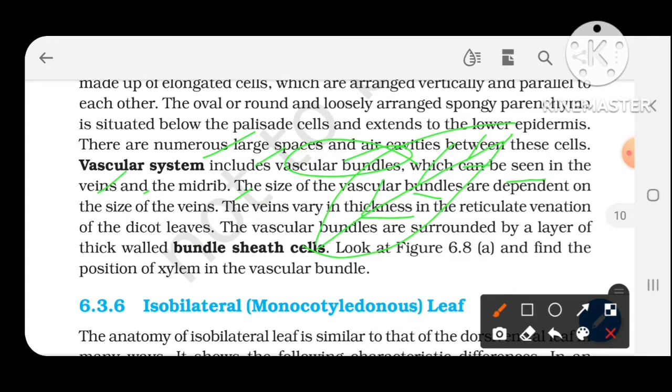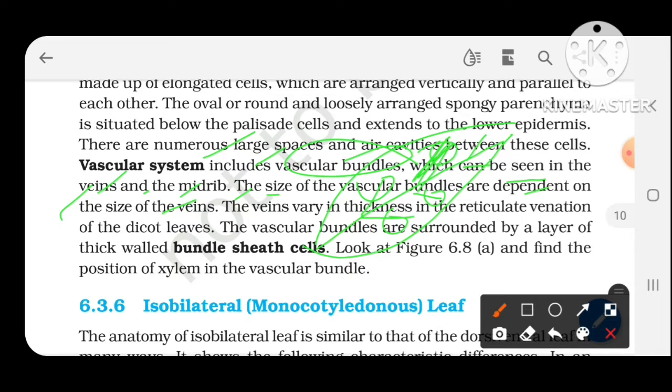Okay, so we can see vascular bundle in this section, means in the veins and the midrib. Now the size of the vascular bundle depends on the size of the veins. Okay, the veins vary in thickness. In some leaves these veins may be thin, in some leaves these veins may be thick.